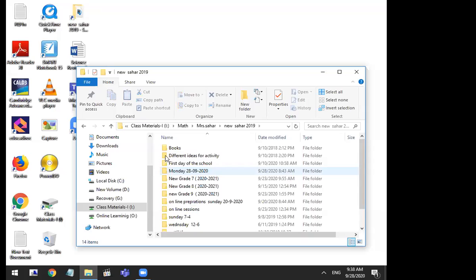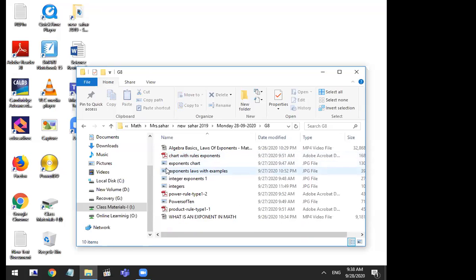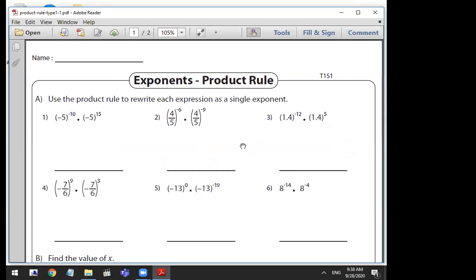Grade 8, exponents, integer exponents. We still have only 1 minute. So this sheet will be a homework in your SMS, okay? For the first one, I have negative 5 power negative 10, negative 5 power 15. So how we will solve this question?